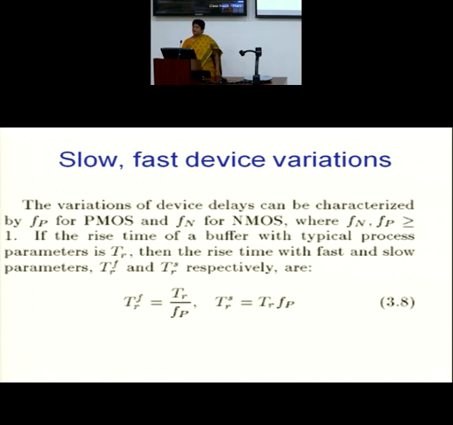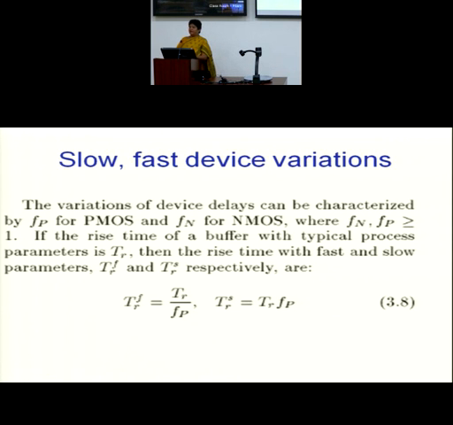So TR is my nominal, and TF is my nominal. Then I say, okay, what happens if it becomes fast? Then TR for a fast device becomes TR divided by a parameter which I am calling FP. For PMOS it is FP, for NMOS it would be FN.